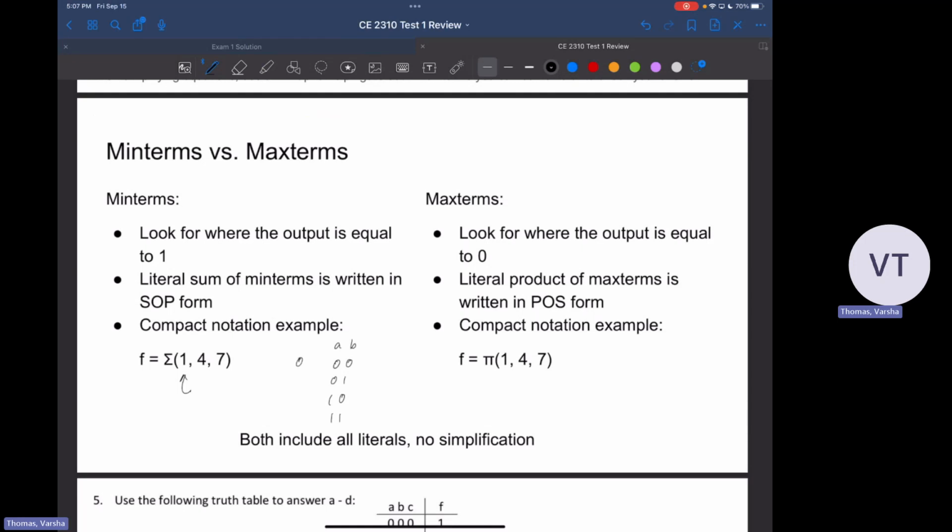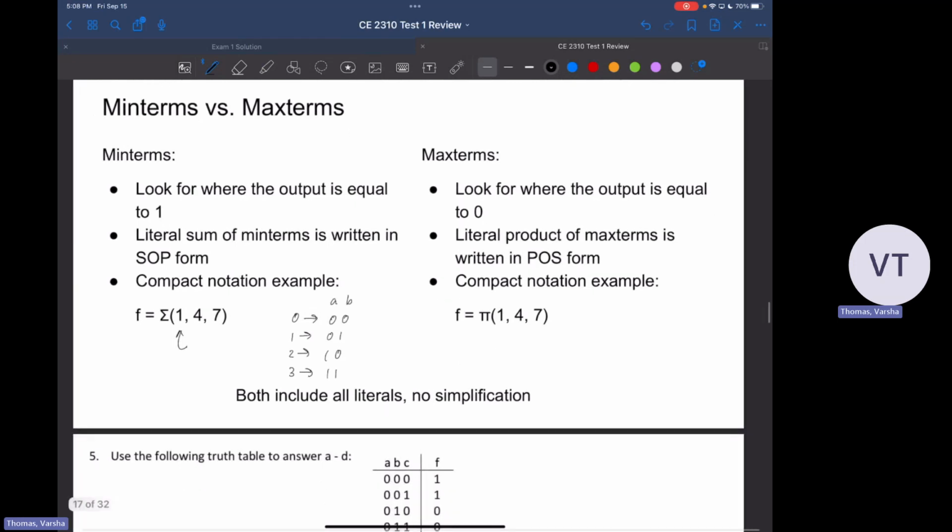So the number for this row would be 0, this one would be 1, this one would be 2, and 3. And you'll notice it just counts up. You'll learn more about this in the example that comes. The symbol for compact for minterms is a sigma sign, and the symbol for maxterms is a pi sign. Okay.